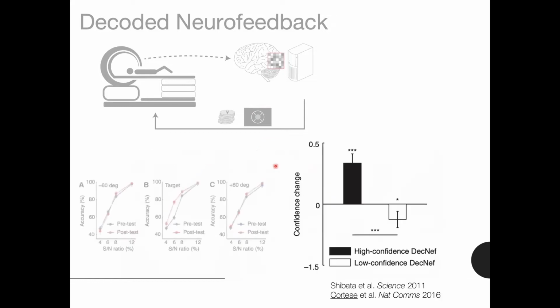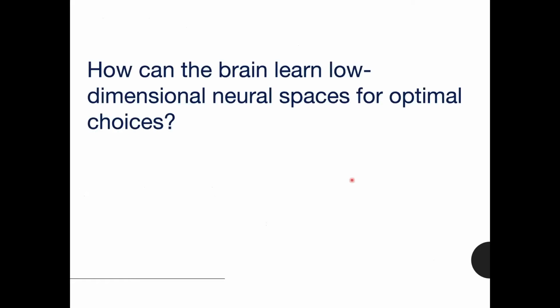In my own work, I have shown that we can use this technique to modulate metacognition, especially confidence judgments. And so overall, this brings me to a question: how can the brain learn a neural dimensional space for optimal choices?